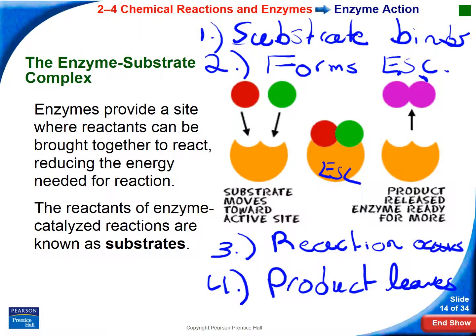Step two is once our substrate has bound, we have formed the enzyme substrate complex, which I'm just going to call the ESC. Okay, step three, reaction occurs, and finally step four, product floats away.